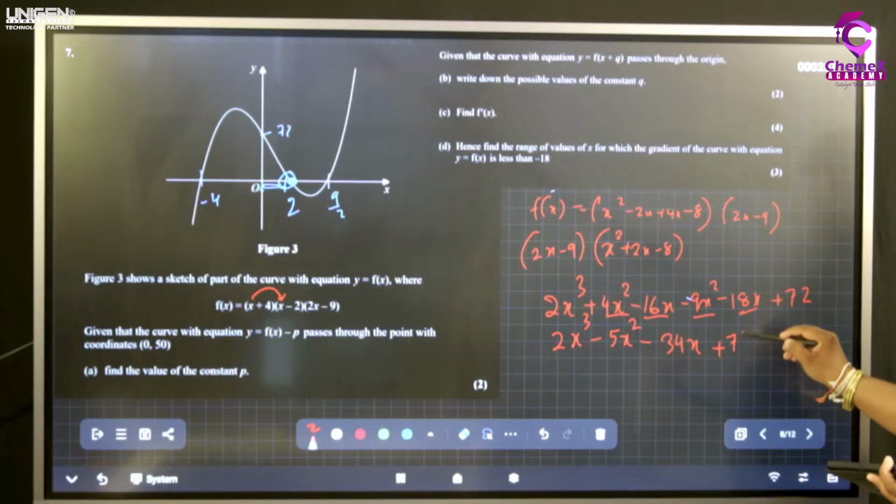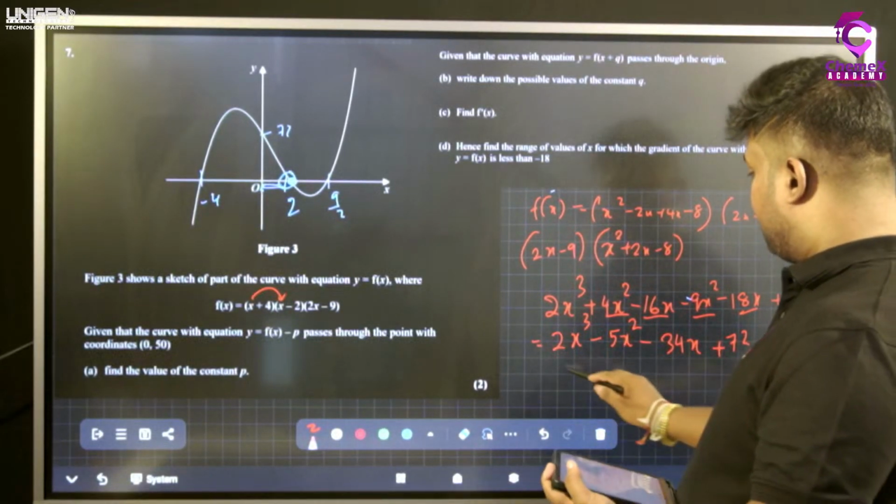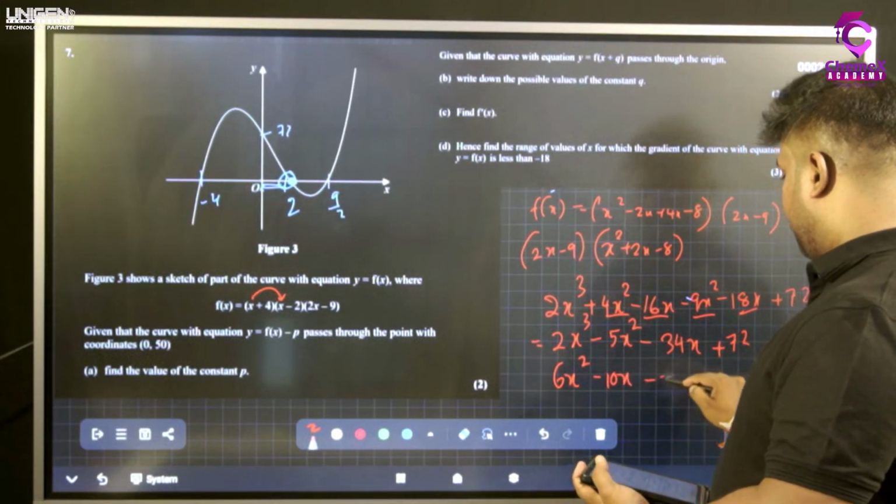Now differentiate. How do you differentiate? 6x squared minus 10x minus 34.